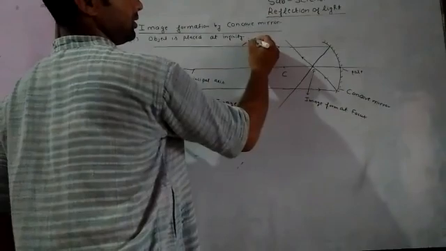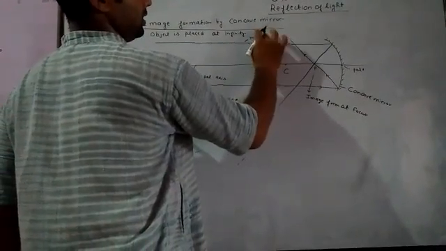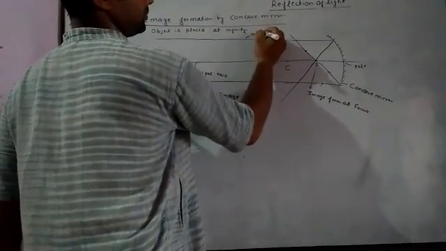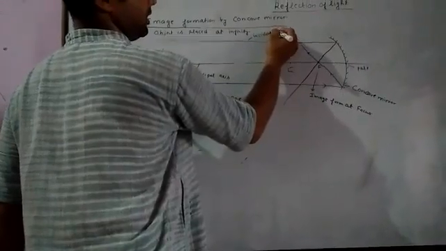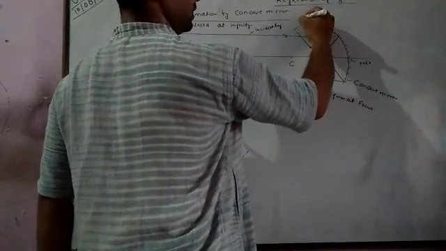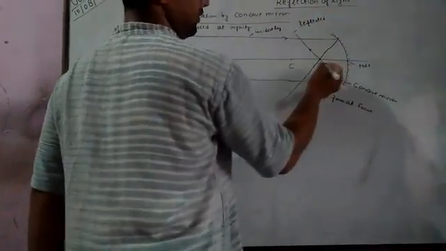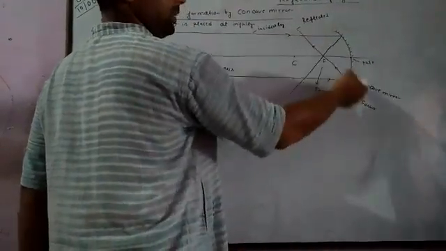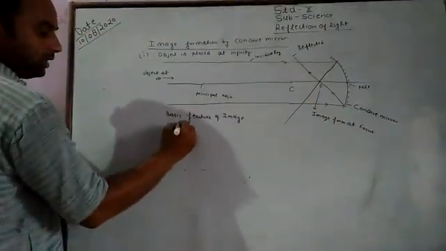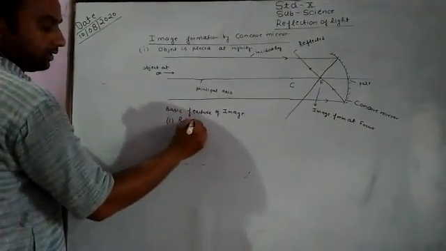This is the incident ray, and this is the reflected ray. If the reflected rays meet at a point in actual pattern, then it is called a real image. It means the image is real.